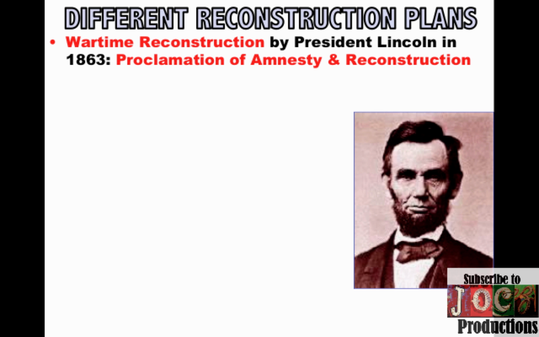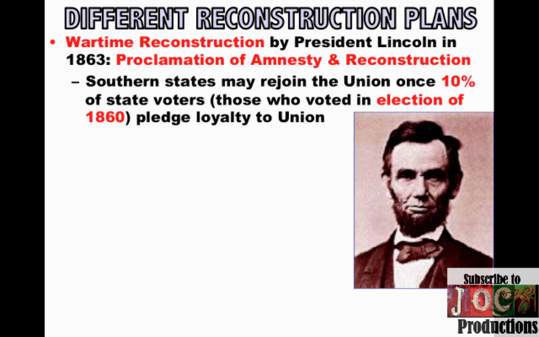Now, Reconstruction really begins, and there are different phases to it, but it begins even before the war is over with Lincoln in his Proclamation of Amnesty and Reconstruction in 1863. This is kind of known as wartime Reconstruction because the war is going on, and Lincoln's plan was intended to try to shorten the war and to give the South an incentive to quit the fighting. As a result, the plan was really simple and lenient.